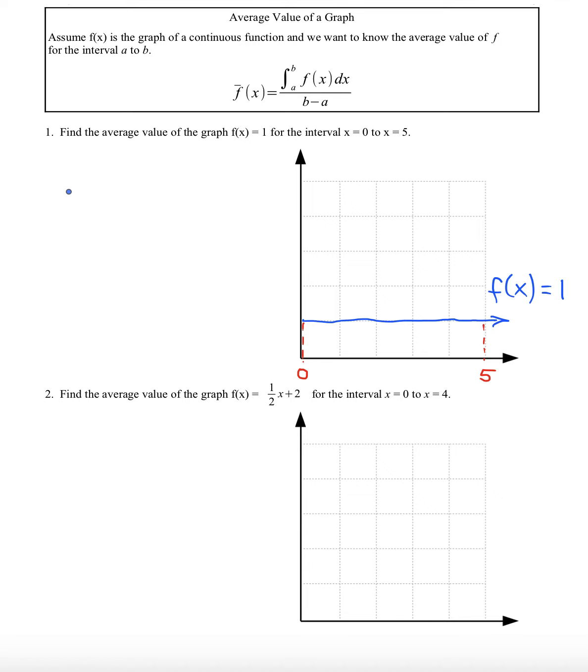Now for this type of problem, it's not enough to add up the area under the curve, because we don't want the area under the curve. We want the average value. It's good to use this notation just to make it clear to the reader what that interval was.